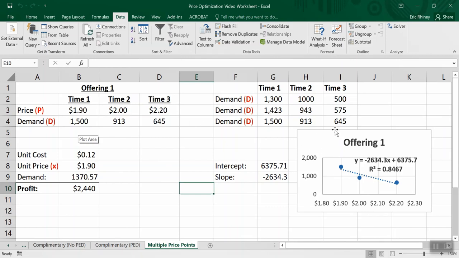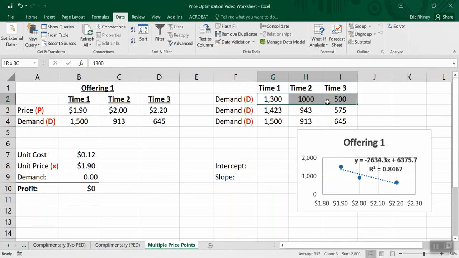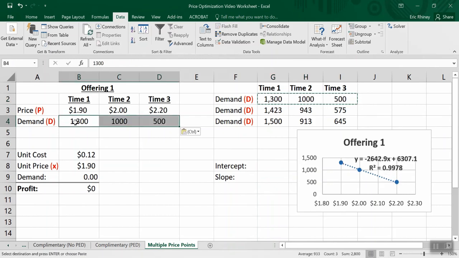All right, so I have a plot already over here, and I already have a calculation of the intercept and slope. But I'm going to delete this because I want to show you how we can actually use this. All right, so let's just do this first one to begin with. And I'm just going to copy these over here and put them in. So we have 1,300 at $1.90, 1,000 demand at $2, and 500 at $2.20.